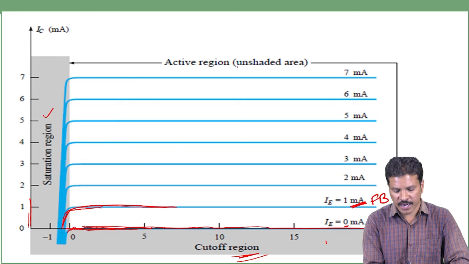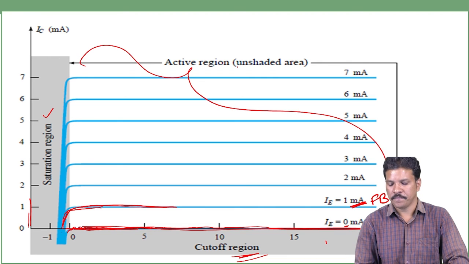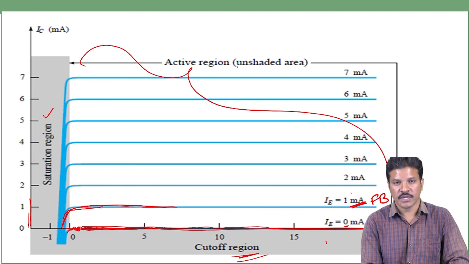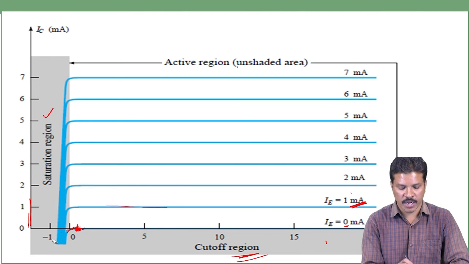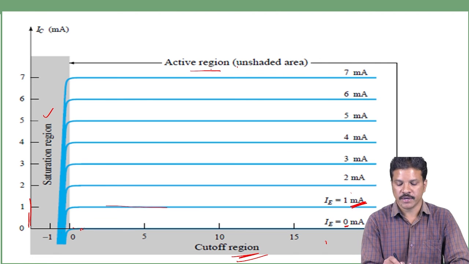Above this region, the emitter current is greater than 0, with forward bias. The collector to base voltage is greater than the saturation point, for example this is the saturation point, so the entire region is reverse biased. So with forward bias and reverse bias, all the blue colored region is called the active region.